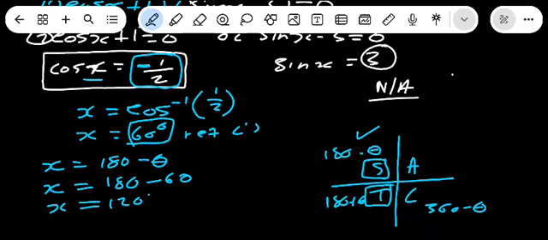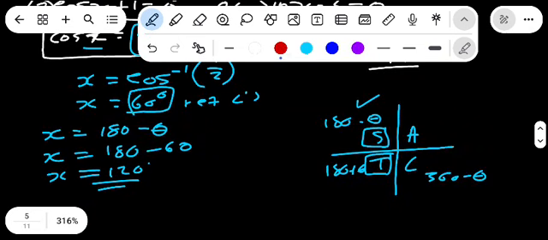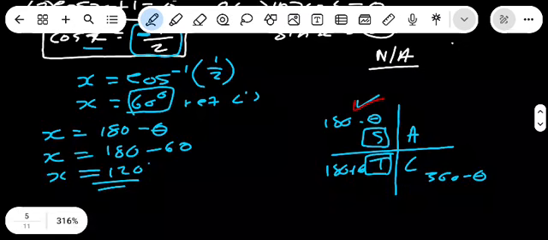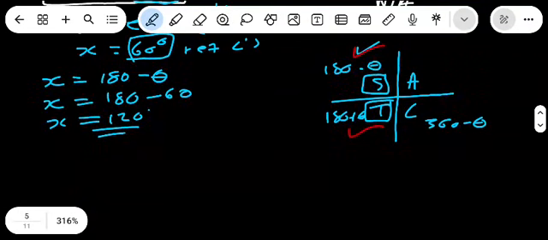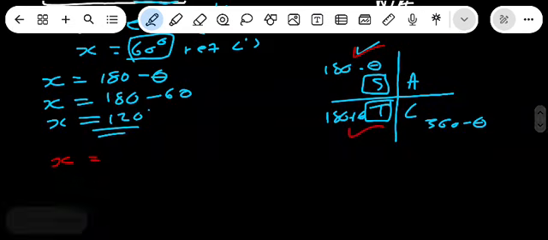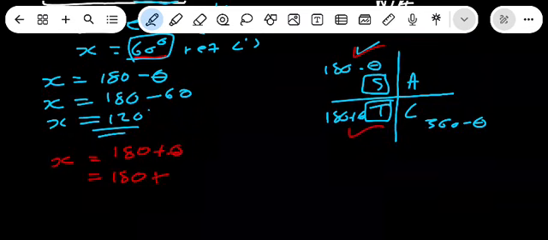degrees. We have obtained the value of x, but it is not only negative here, it is also negative here on the third quadrant. What is the definition of the third quadrant? On the third quadrant, x will be 180 plus theta. You have 180. Our reference angle is 60. You add 60.